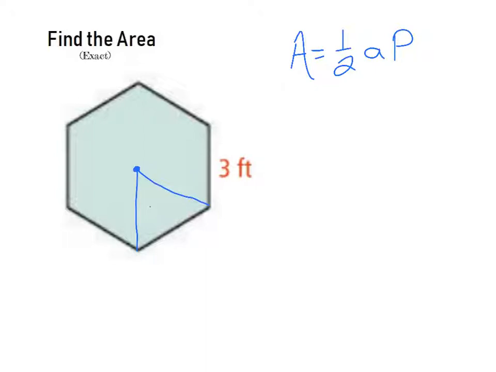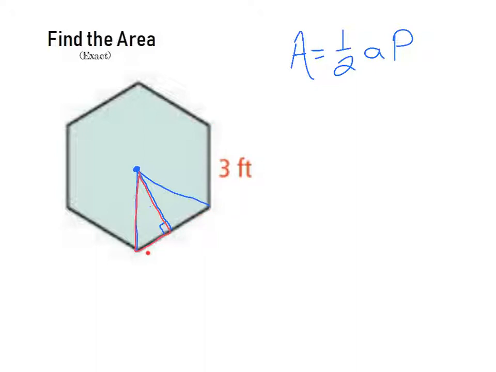And what I'm looking for is what that central angle is. So 360 divided by 6 sides, that's a 60-degree angle. But when I drop the apothem, that 60-degree angle turns into a 30. And the next thing you know, you got yourself a 30, 60, 90 triangle here. So I'm looking at this triangle when I do this problem. In that triangle, what I know is that this side length was 3 right here.